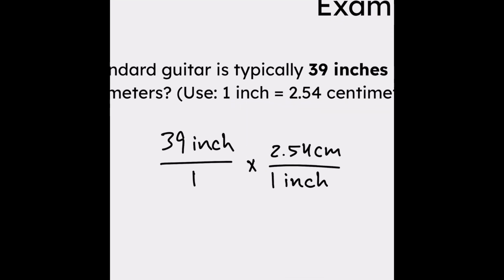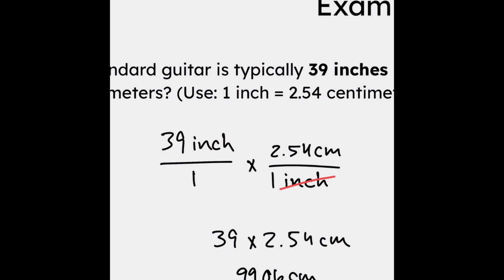The inches on the top and bottom cancel out, and I'm just left with 39 times 2.54 centimeters. And my units are now in centimeters. So if I do that math, that's going to be 99.06 centimeters. That's how I can convert from inches to centimeters.